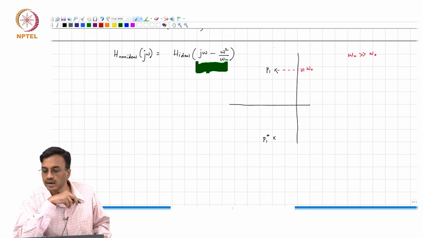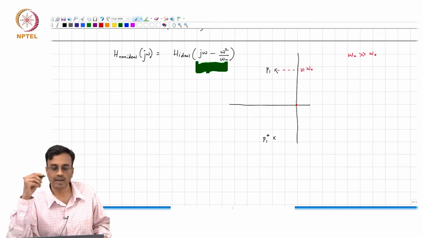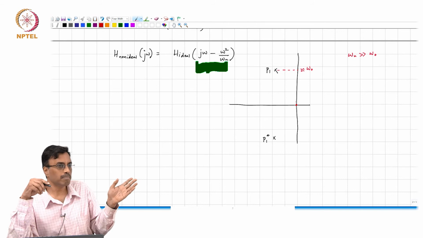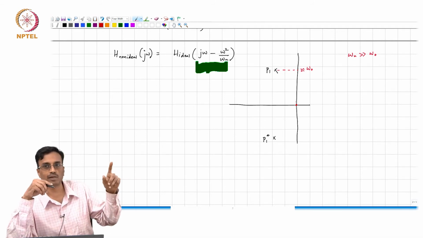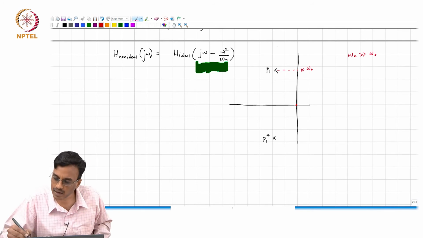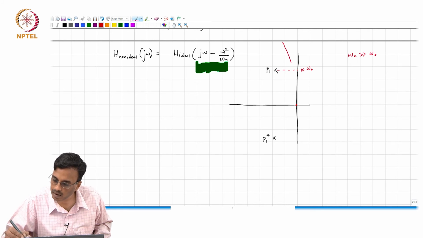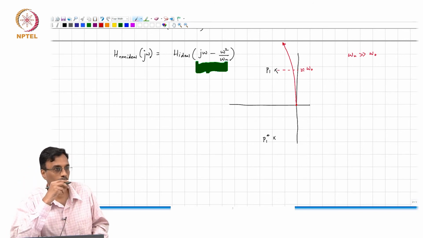At DC, it will be 0, right. As you keep increasing omega, what happens? It deviates from the j omega axis. Does it go into the left half S plane or the right half S plane? Left half S plane. And the trajectory you are taking, I am grossly exaggerating here so that you can see it, takes some trajectory like that. All right.